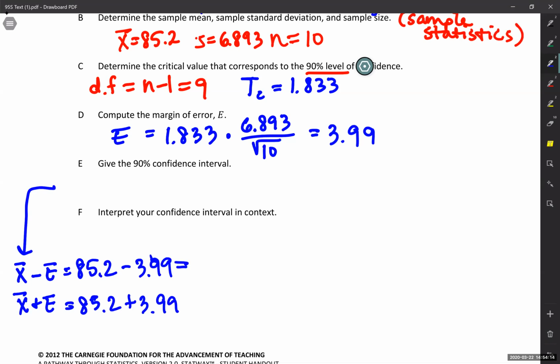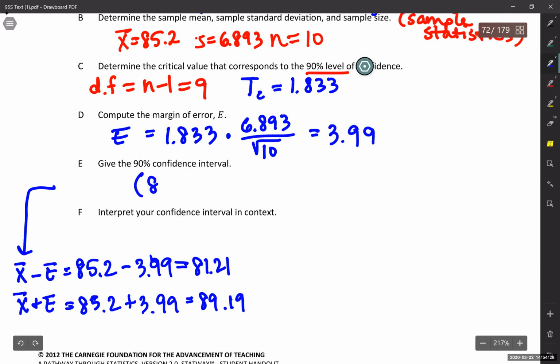Okay, so we have 81.21 and 89.19. So that would be our confidence interval. 81.21, the smallest number goes on the left, and the bigger number goes on the right.